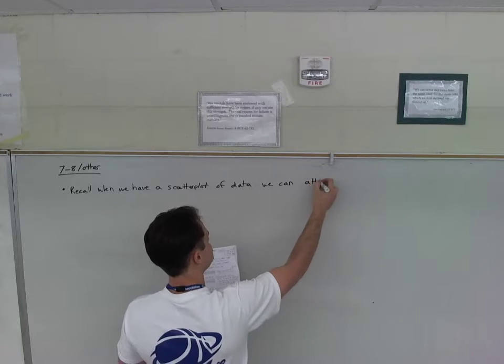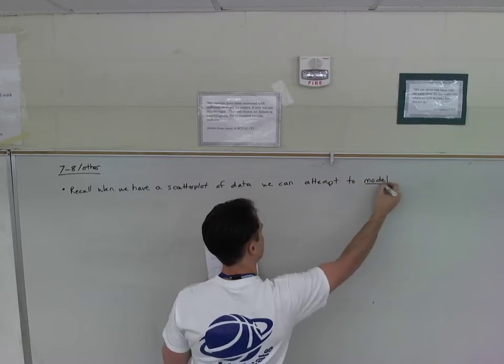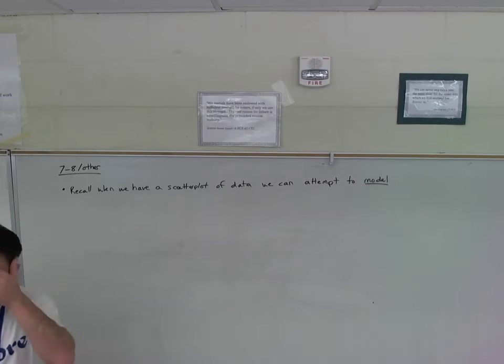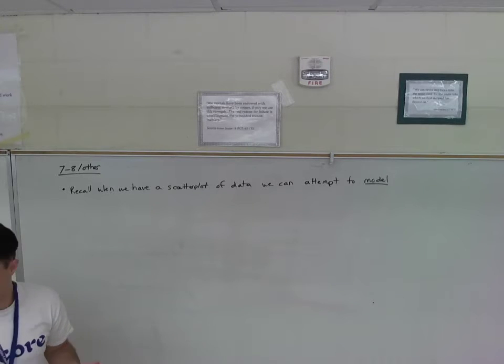If you have a scatter plot, you can try to make a model. That's our goal. One of the other big things besides the library of functions this year is we should be able to model real-world data. That's one of the uses of that library.